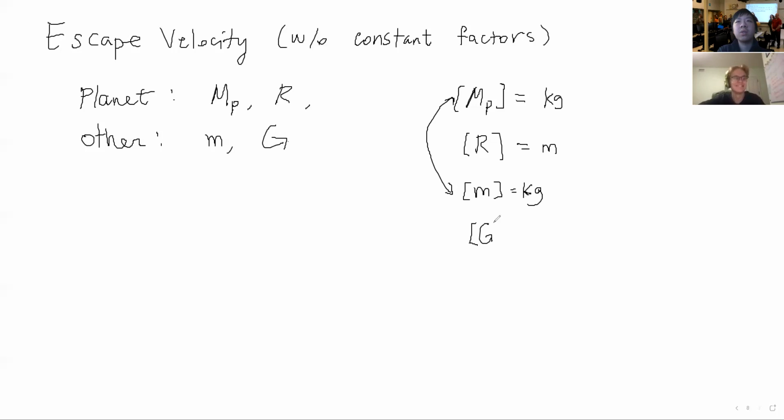And then here's the tricky one. What are the units of big G? He's going off of Newton's law of gravitation formula probably. So we have G m over r squared is equal to a force.